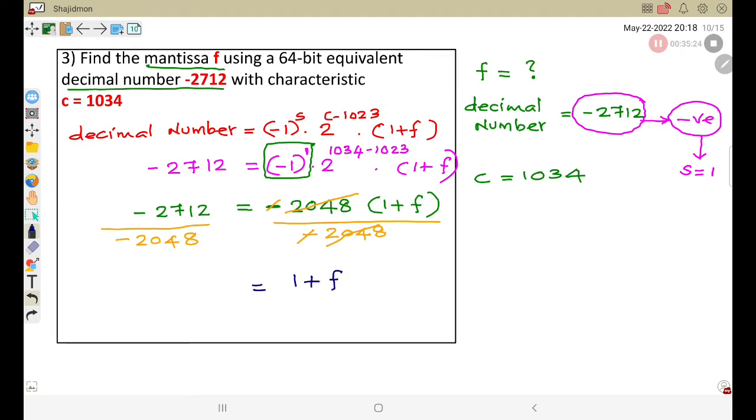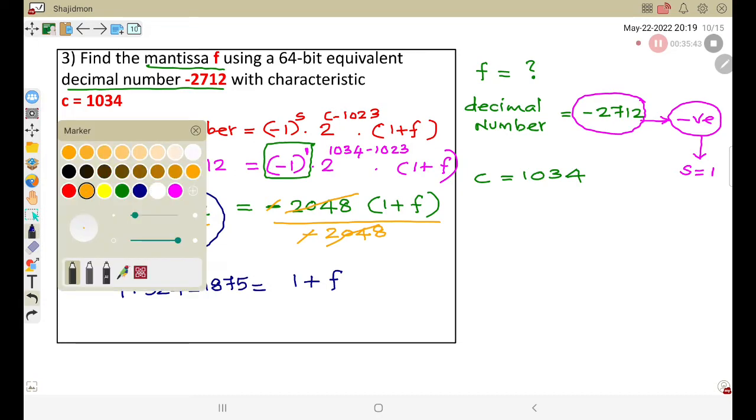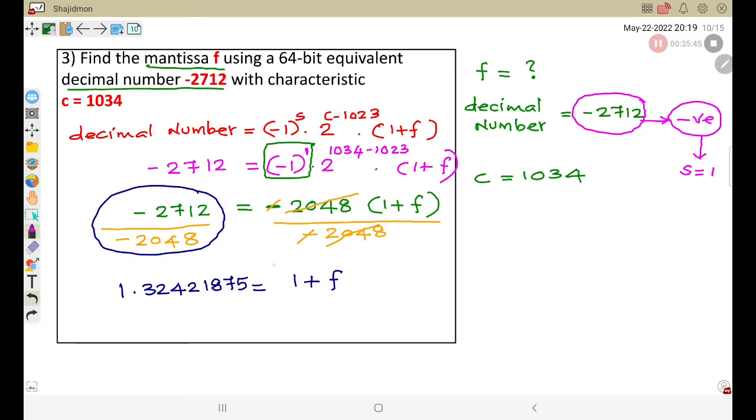So 1 plus f equals, you can check this number in your calculator, minus 2712 divided by minus 2048. Minus also will cancel. So you will get 1.32421875. Correct? Now from this find what is the f number. That means this plus 1 we take to the left side. So f equals 1.32421875 minus 1.